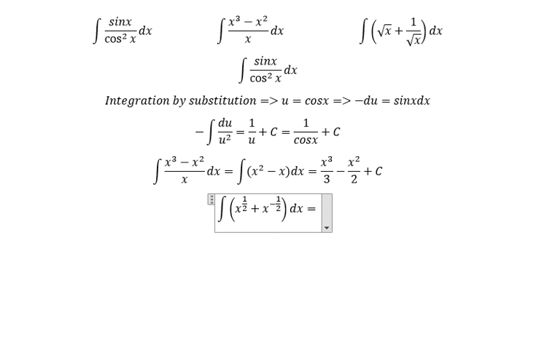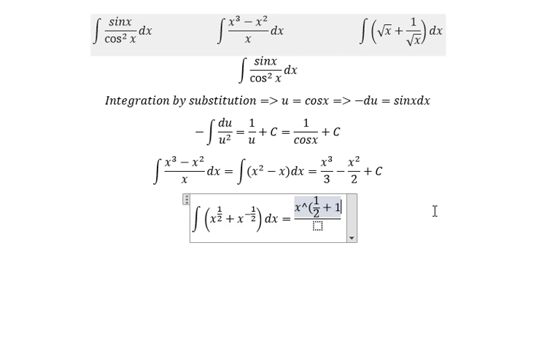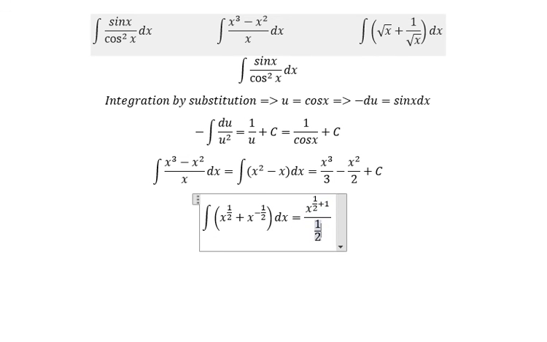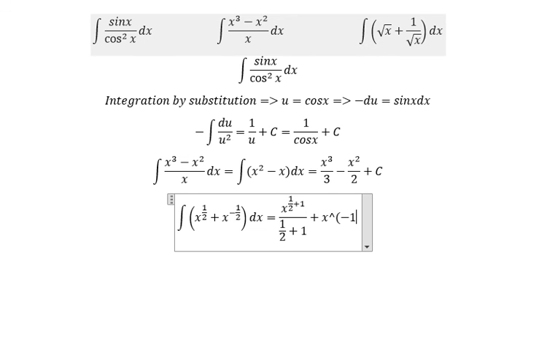The integral of x to the power of 1 over 2, you will go to 1 over 2 plus 1. And negative 1 over 2, we put plus 1.